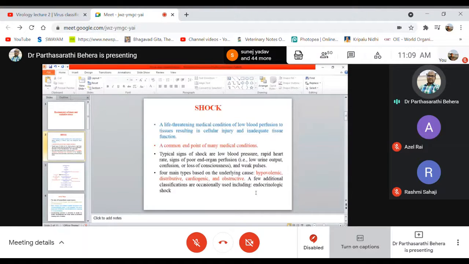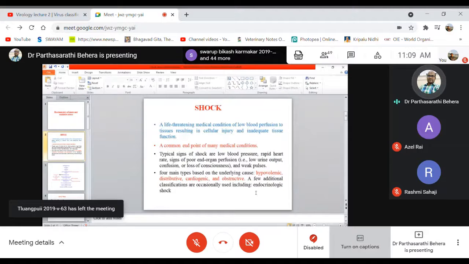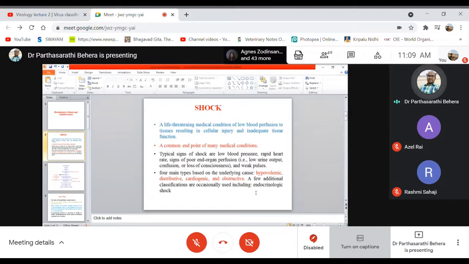The most predominant or typical signs of shock are low blood pressure, right? Rapid heart rate, poor end organ perfusion. That means low urine output, confusion, loss of consciousness, and so on. And the pulse becomes very low, a weak pulse.